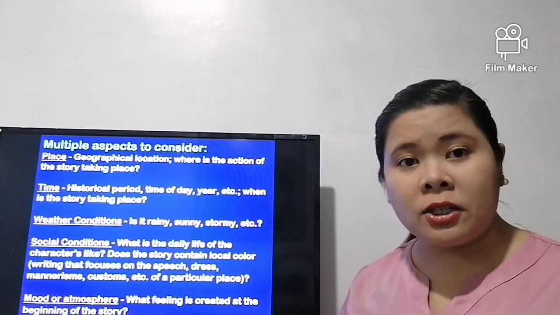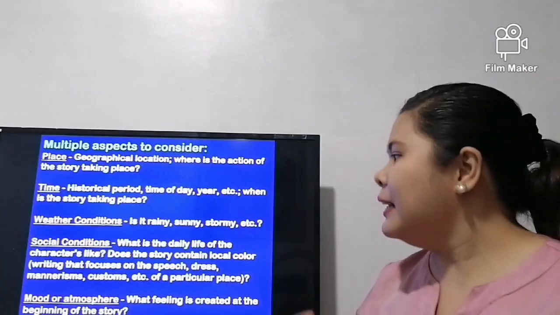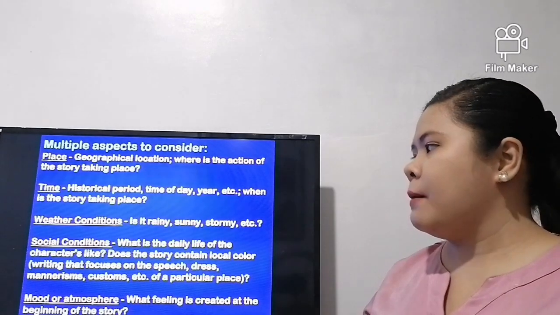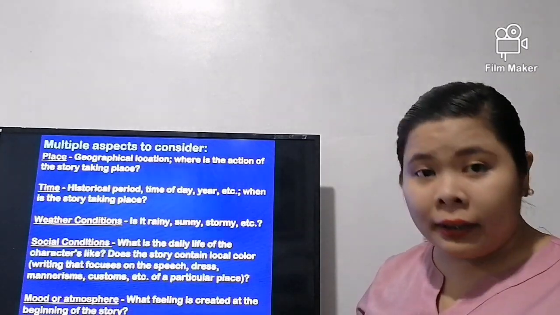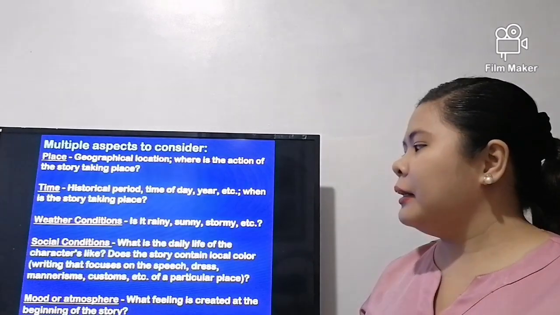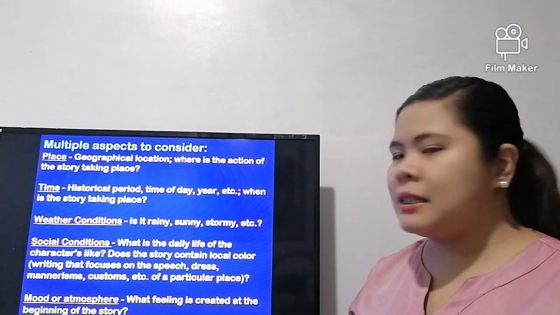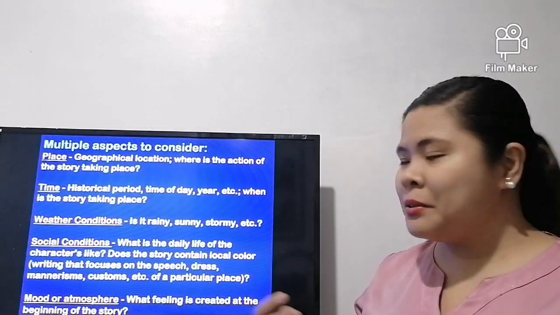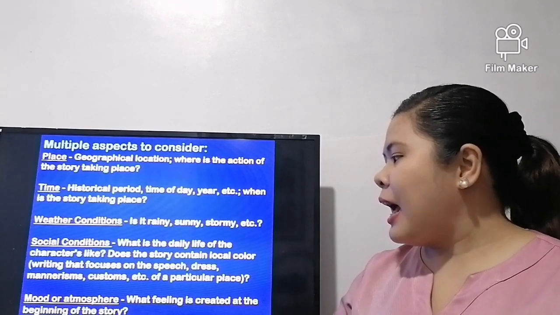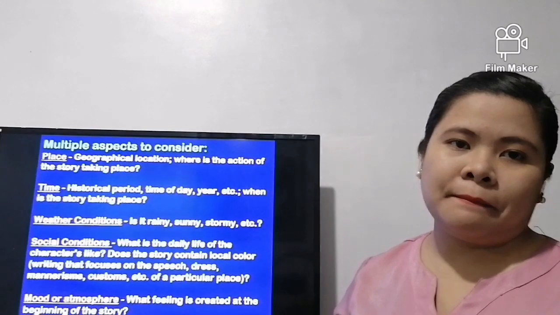How about social conditions? What is the daily life of the characters like? Does the story contain local color? Writing that focuses on the speech, dress, mannerisms, customs, etc. of a particular place.